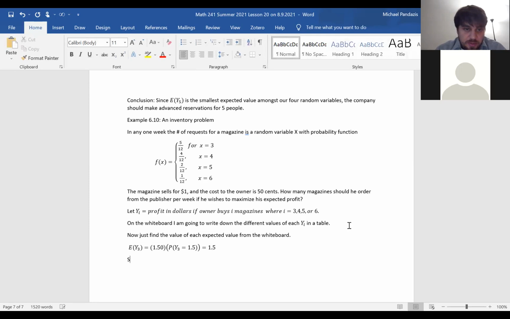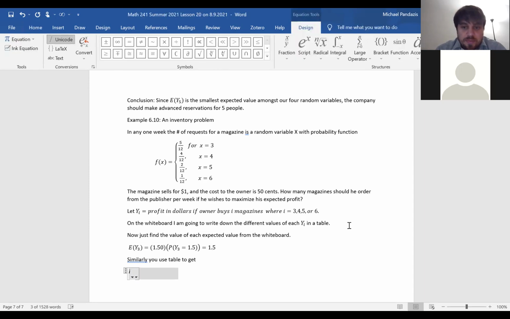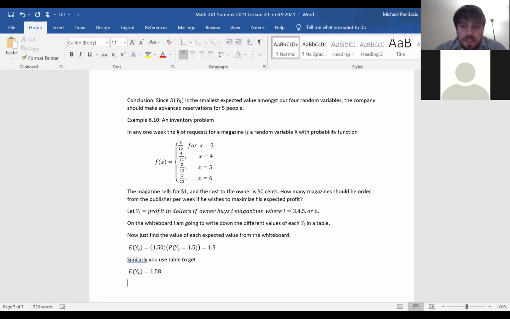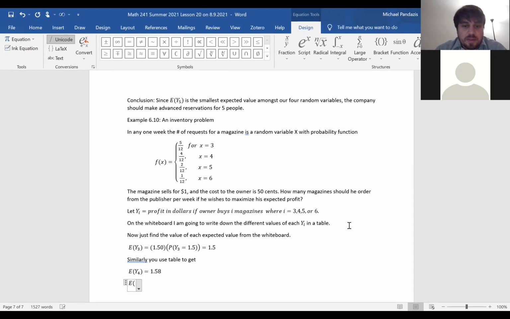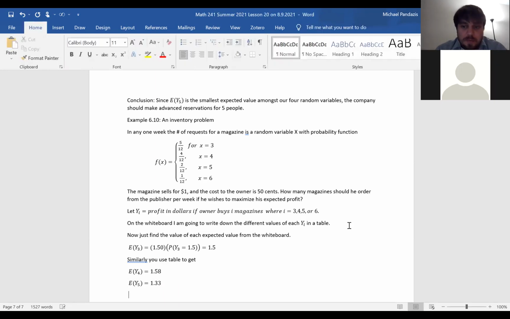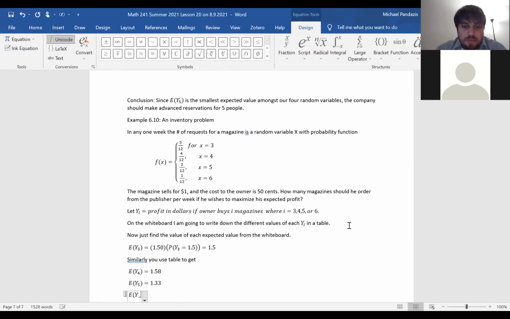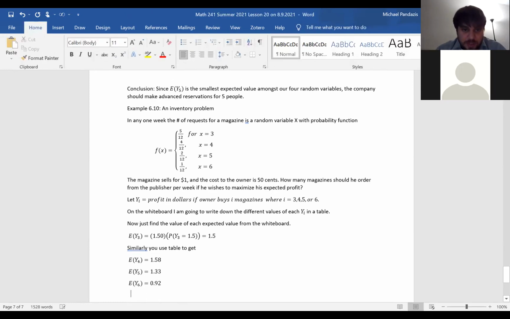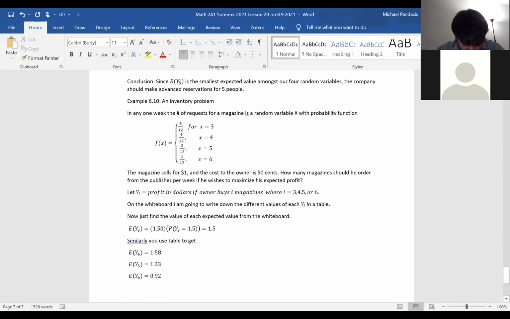Similarly, use the table to get that E of y sub 4 is equal to 1.58. E of y sub 5 is equal to 1.33. And E of y sub 6 is equal to 0.92. And so those are all the expected values.